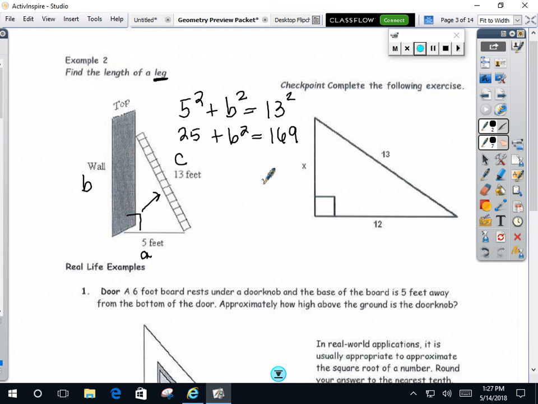Now what do I need to do to solve for B? Minus 25, and so B squared equals 144. Now when you solve for B, you have to cancel out that squared by square rooting, giving you B equals 12.